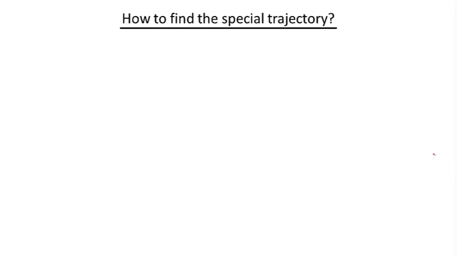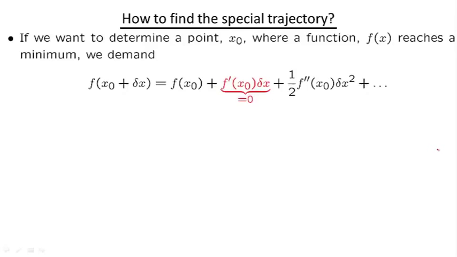We can motivate the standard variational analysis by, again, a simple analogy using the usual functions. Suppose we have an arbitrary function f of x, which has a minimum, or maximum in principle, somewhere, but let's assume it's a minimum, and we want to determine the point where this minimum occurs. For this, I can again use the Taylor expansion for the function f in the vicinity of this point x0 that I'm trying to find.